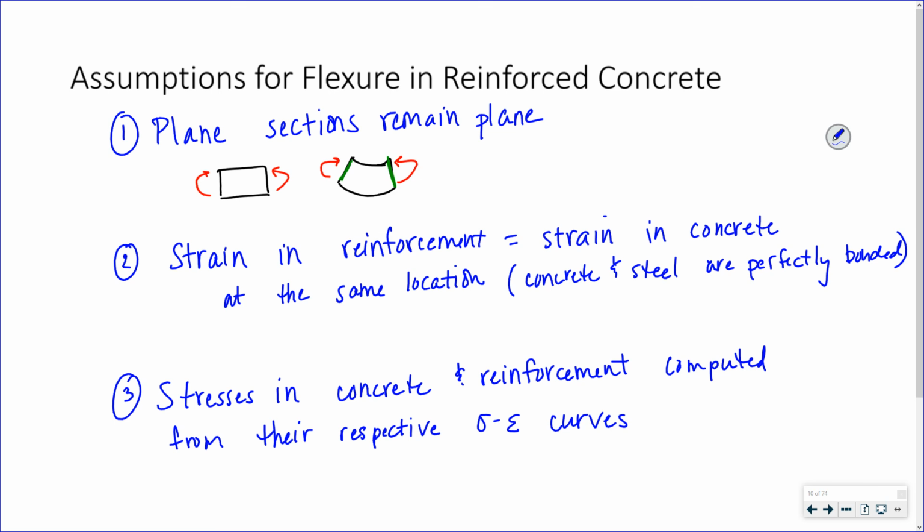When concrete is subjected to strain or stress, it follows its own curve, and the reinforcement follows its own curve. The strains are going to be the same, but the stresses are going to be different because they're different materials, right?